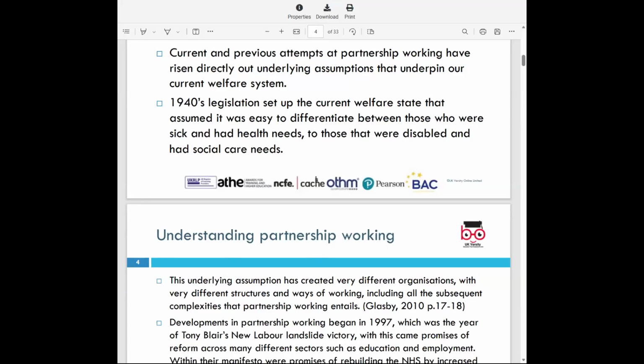If you're disabled, your care has to be different for you. These legislations also came into place because at that time there were forms of discrimination, and people with disabilities were discriminated against. So laws had to come into place to protect these individuals.